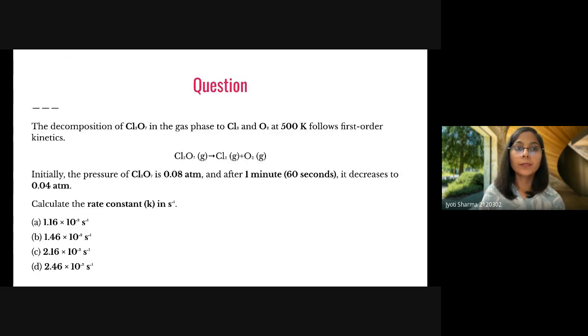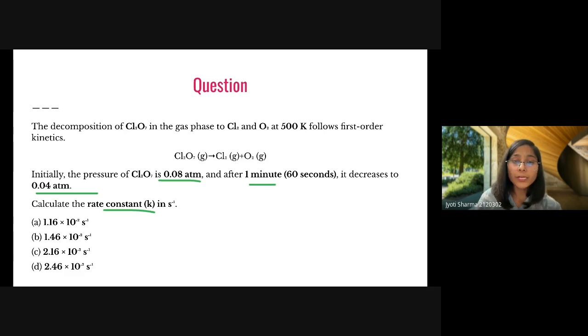Okay. The next question is, you have one equation: Cl2O7 giving Cl2 plus O2. Initially the pressure is 0.08. Then after 1 minute, the pressure has been reduced to 0.04 atmosphere, and you need to calculate the rate constant.